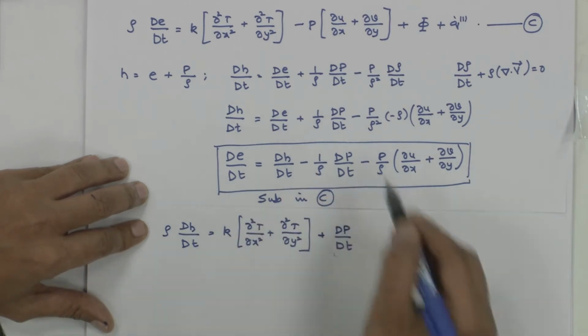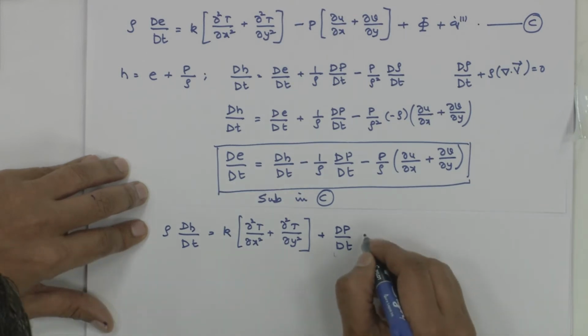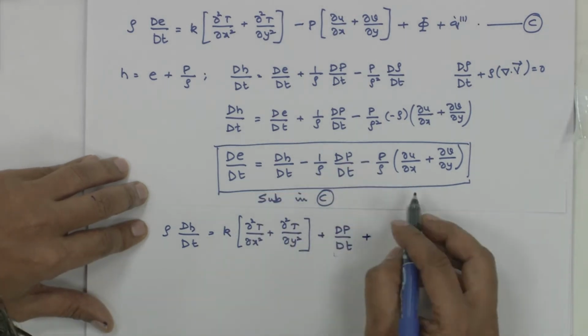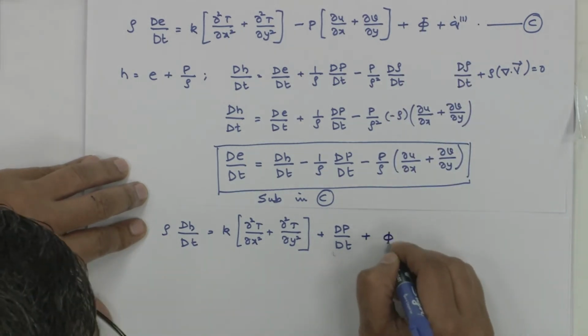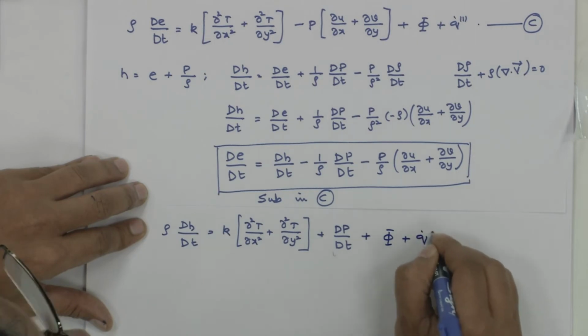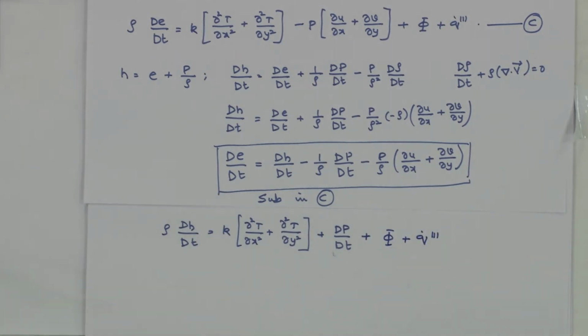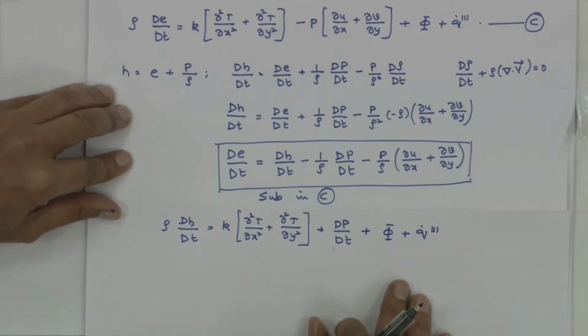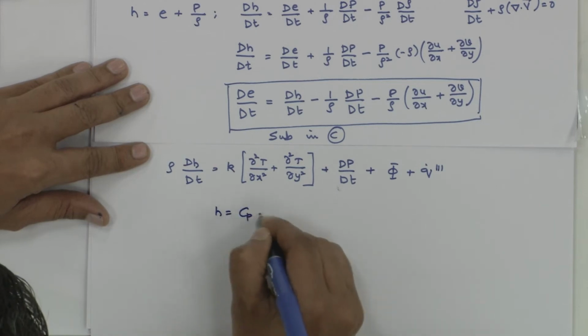So, when it comes to this side, it becomes plus dP by dt plus you have phi viscous dissipation term and plus q dot triple prime. Okay. So, we will have to just substitute H is equal to Cp into T.